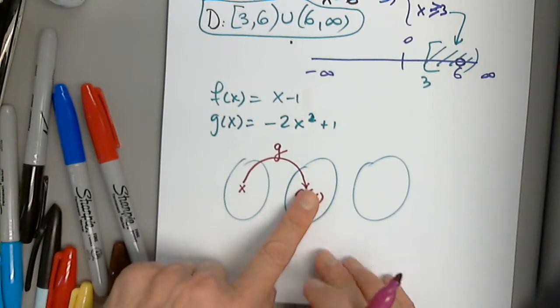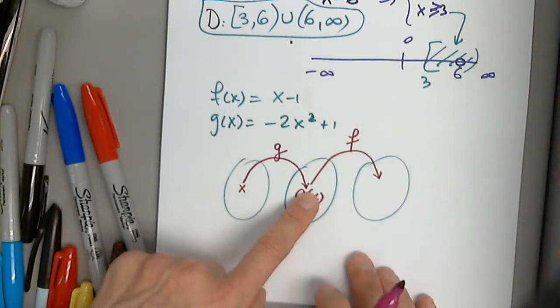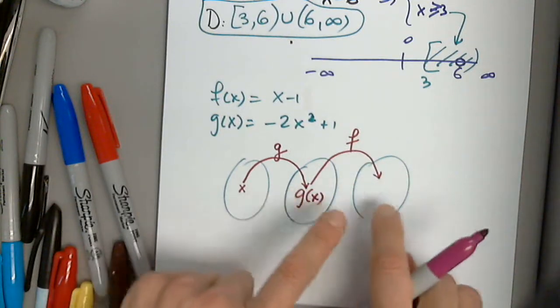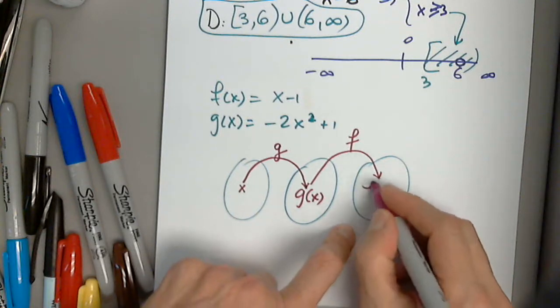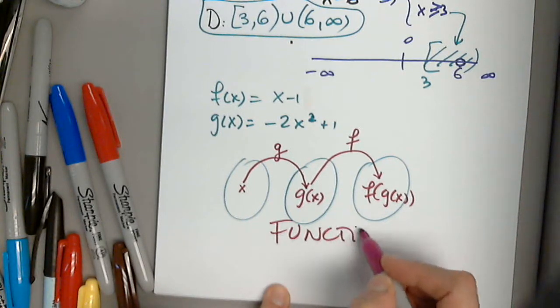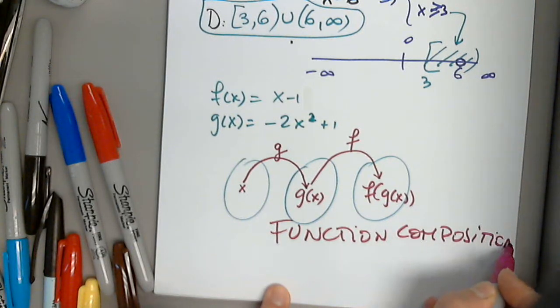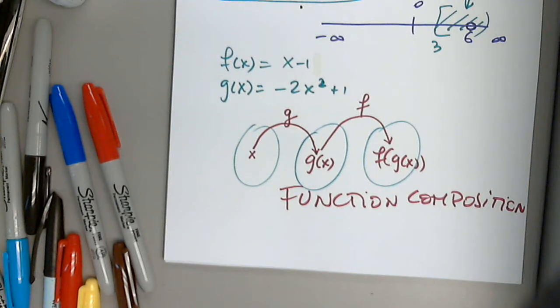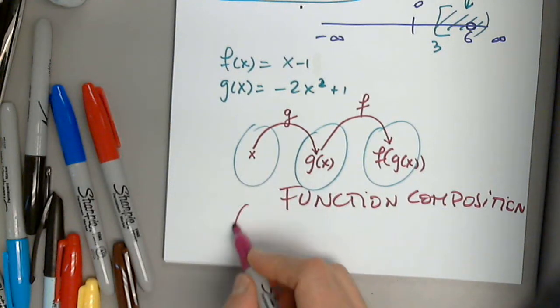This becomes a number now. And then let's suppose I would like to apply f to it. When I apply f to this number, what do I get? That's it. This is function composition. Which function did we apply first to x?